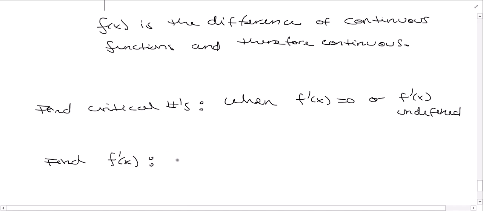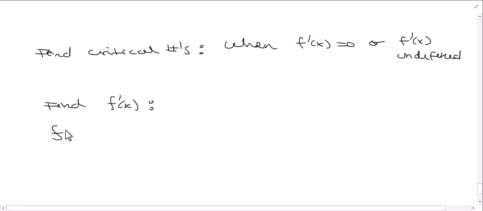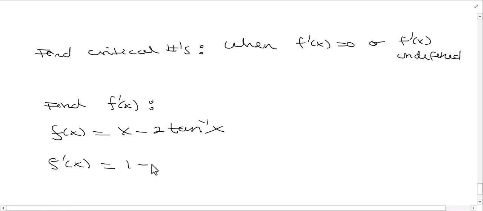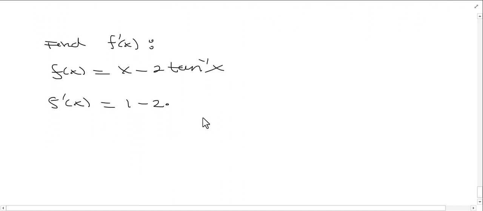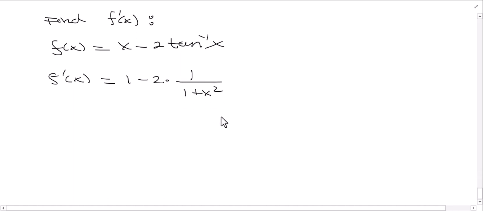Our function is f of x equals x minus 2 inverse tangent of x. So f prime, what is the derivative of this? You'll have the derivative of x is 1, minus 2 times the derivative of inverse tangent, which is 1 over 1 plus x squared, or x squared plus 1, however you want to think of it.